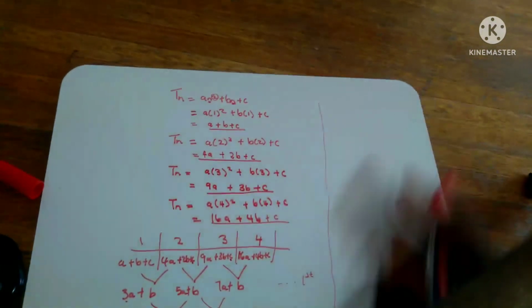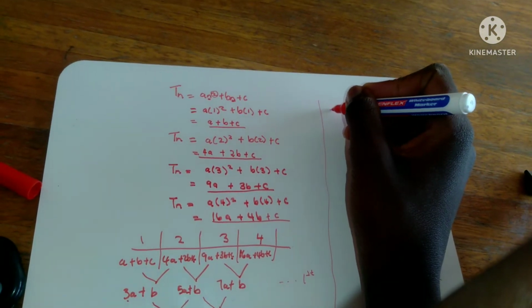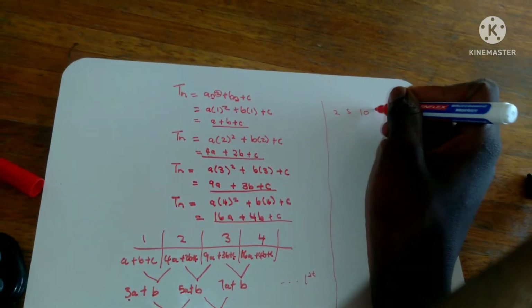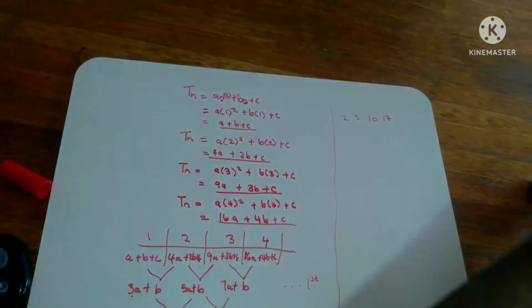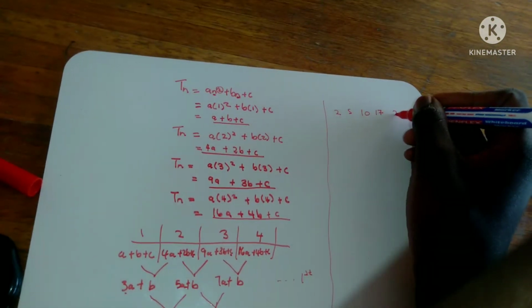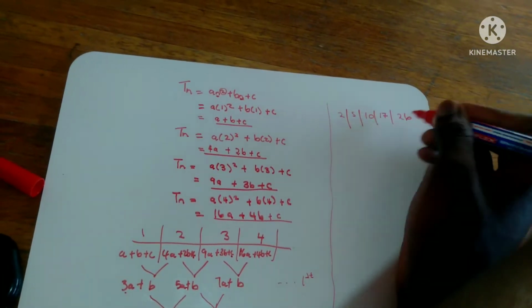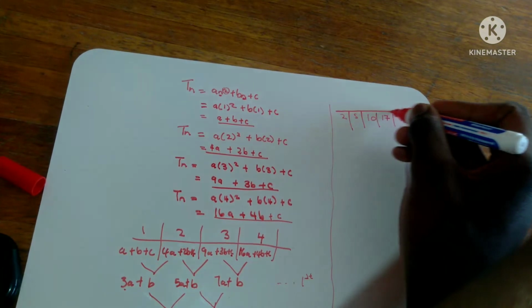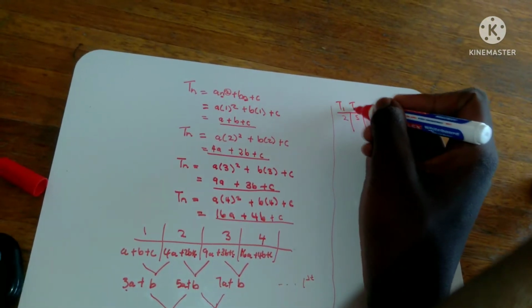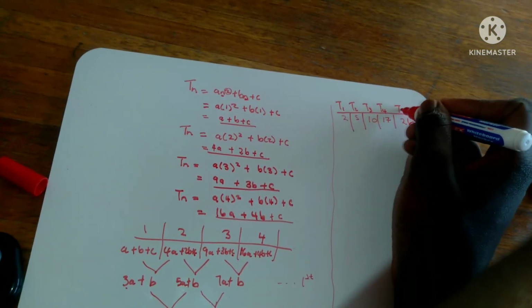If I was to give an example and give this pattern 2, 5, 10, 17, and then 26. Let's say, yeah, this is our first term, second term, third term, fourth term, fifth term.